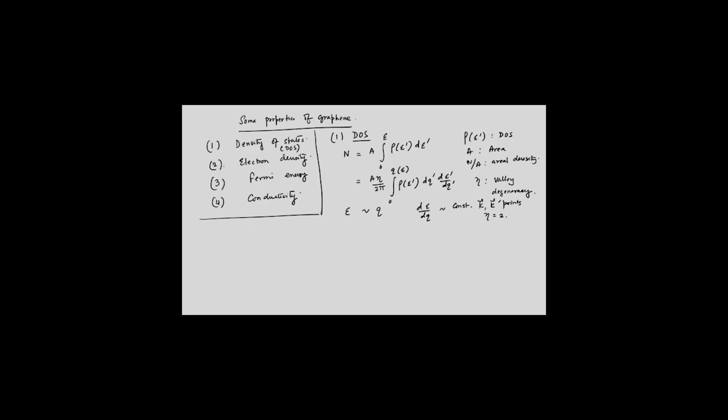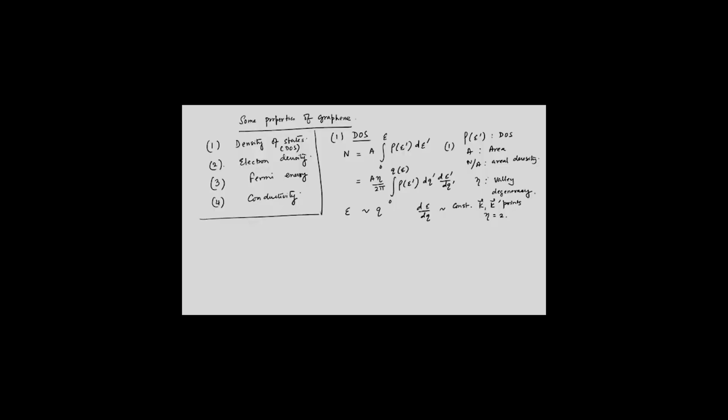Even though this proportionality looks like that of a photon, the proportionality constant is not the speed of light, but rather it is the Fermi velocity of the electrons. So, if I have this equation 1 and this equation 2, then these two can be reconciled if I write down the density of states as q divided by d epsilon dq.